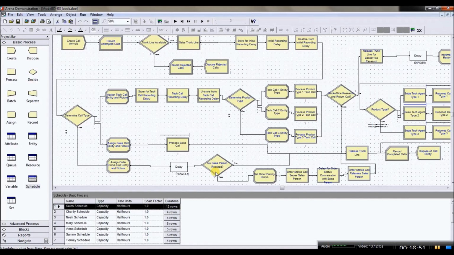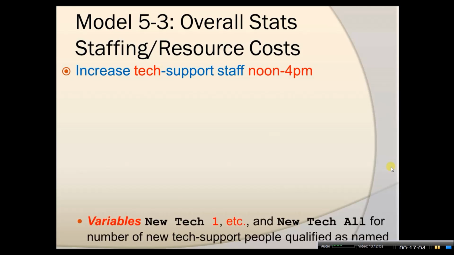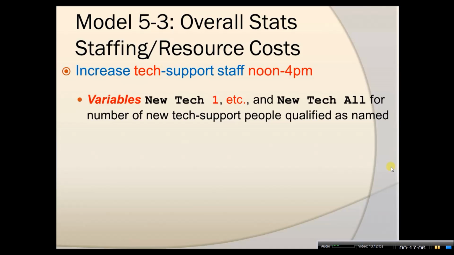And so the next thing we're going to do is increase tech support staff from noon to 4 p.m., because the tech support staff is also highly utilized. So again, similarly as before, we're going to define variables to do that.